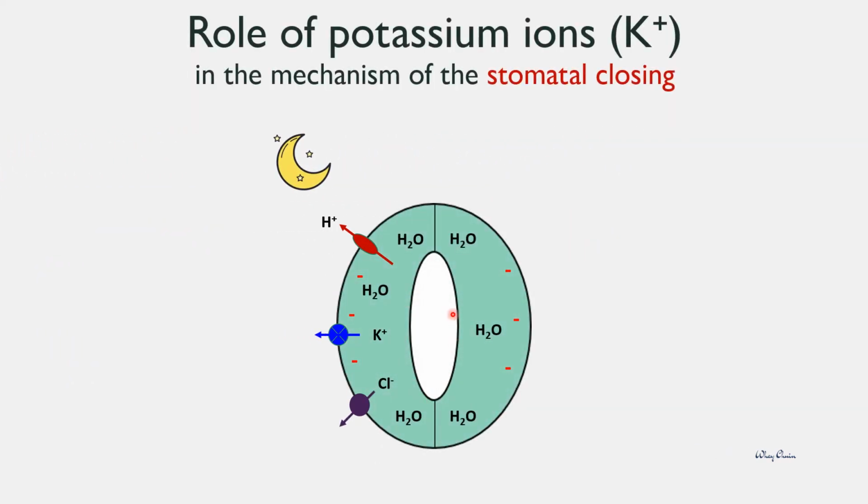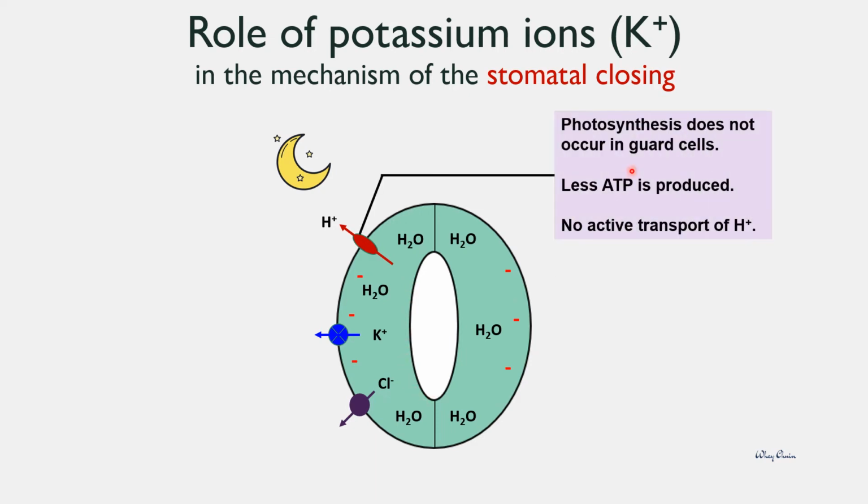The opening of the stoma will remain until the plants enter night time, where photosynthesis does not occur, since the light energy is not available, so the light-dependent reaction does not occur, which will cause reduced production of ATP. This causes the active transport of hydrogen ions to stop.